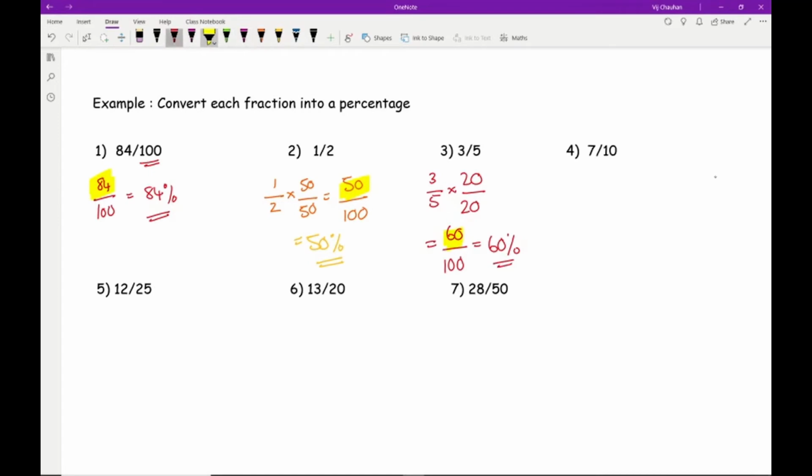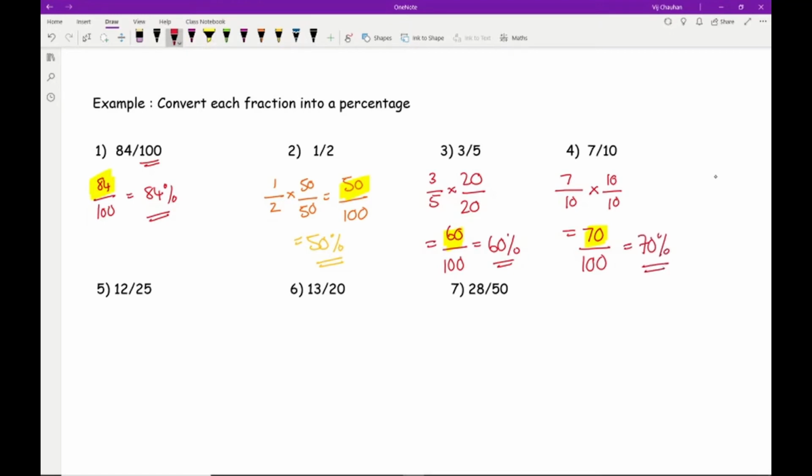Moving on to question 4, I've got 7 over 10. When my denominator is 10, I multiply both the top and the bottom by 10, in which I get 7 times 10, which is 70, and 10 times 10, which is 100, and I've got 100 at the denominator, so the answer is the numerator, in this case 70%.